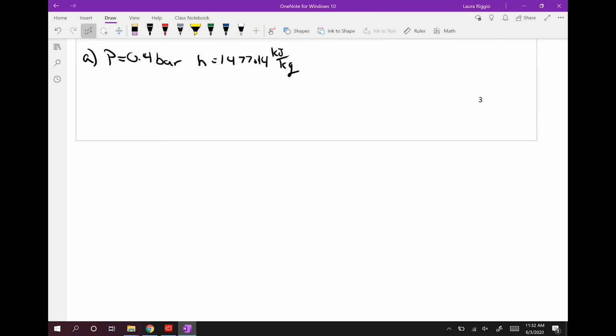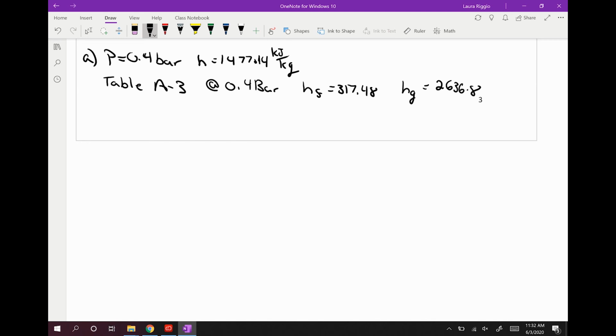A good place to start is table A3, and at 0.4 bar, I can find hf and I can find hg. My enthalpy is greater than the saturated liquid enthalpy, but less than the saturated vapor enthalpy, which means I am two-phase.